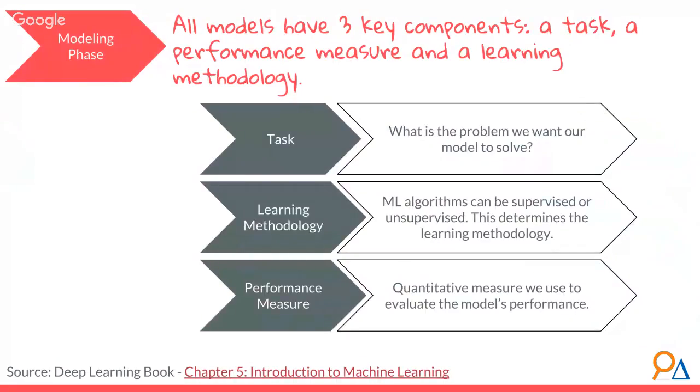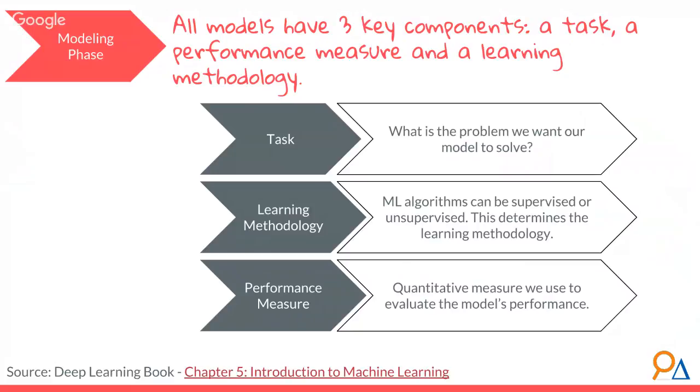All models have three key components: a task, a performance measure, and a learning methodology. A task: what is the problem we want our model to solve? That's where we define our research question. Learning methodology: machine learning algorithms can be supervised or unsupervised, like I talked about. This determines the learning methodology. If your data is labeled, that is supervised.